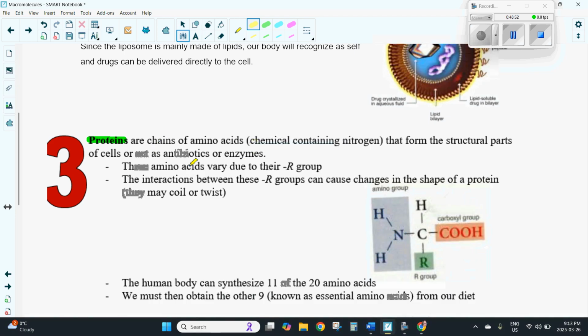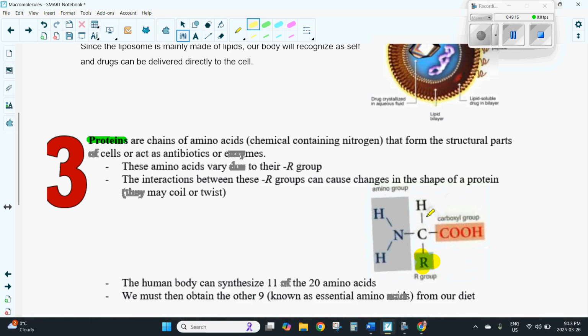The amino acids are going to vary. There are a few amino acids in our body, and they will vary according to their R group. The R group is represented by this green one down here at the bottom. Your amino acid, this blue part, the amino group, is always going to be the same no matter what the amino acid is.